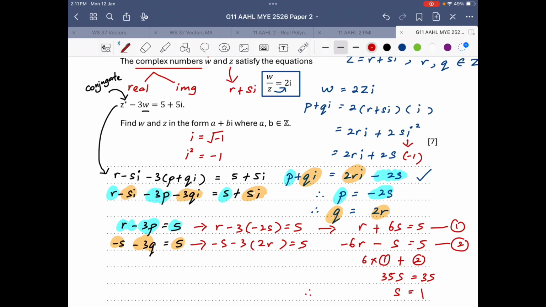Since S equals 1, you replace it back, R must be negative 1. And then P is negative 2 times S, negative 2. And Q is 2R, negative 2.